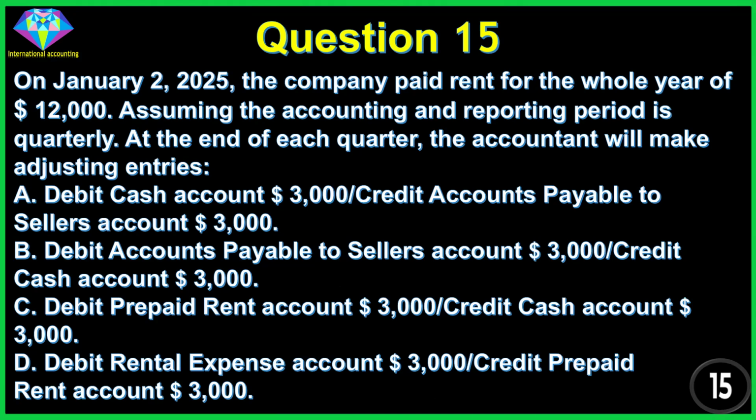B. Debit accounts payable to sellers account $3,000 per credit cash account $3,000. C. Debit prepaid rent account $3,000 per credit cash account $3,000. D. Debit rental expense account $3,000 per credit prepaid rent account $3,000.